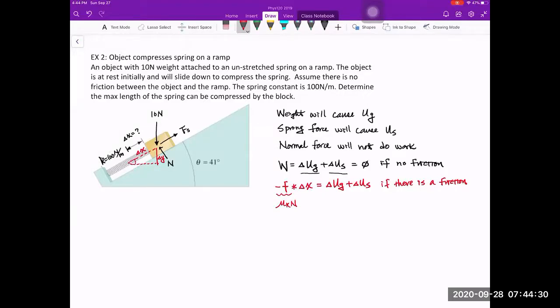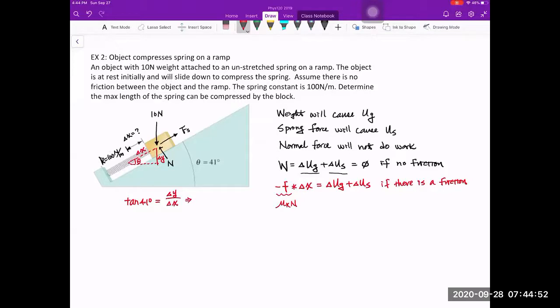We know this angle is 41 degrees. Based on the 41 degrees, we can write an equation. The tangent of 41 degrees is actually equal to the change of y over change of x.